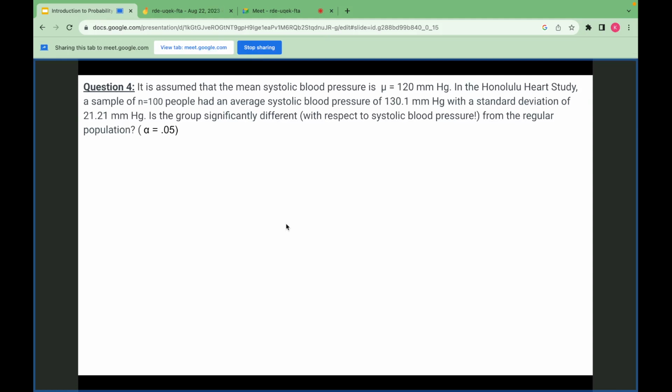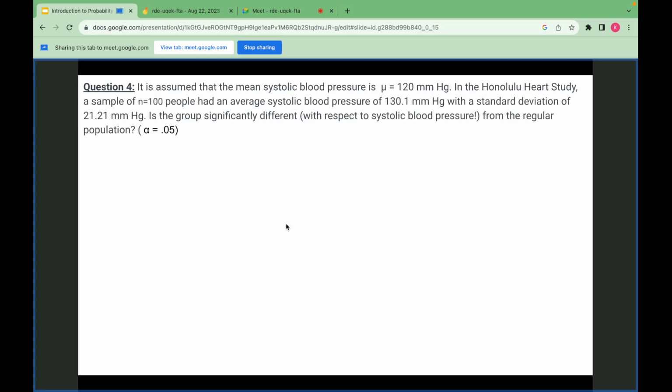So it is assumed that the mean systolic blood pressure is 120 mmHg, and in the Honolulu heart study, a sample of 100 people had an average blood pressure level of 130.1 mmHg with a standard deviation of 21.21.